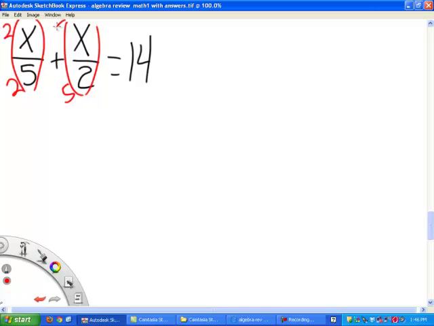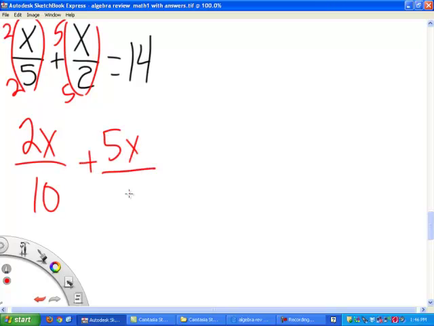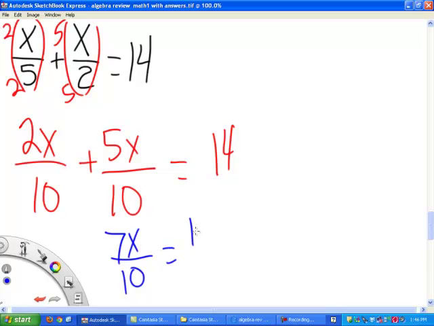So 2 times x is 2x, 2 times 5 is 10, plus 5x over 10 equals 14. So I know that 2x plus 5x is, of course, 7x over 10. And this is going to equal 14 over 1.